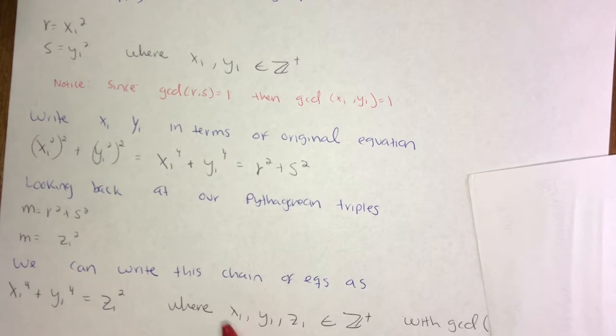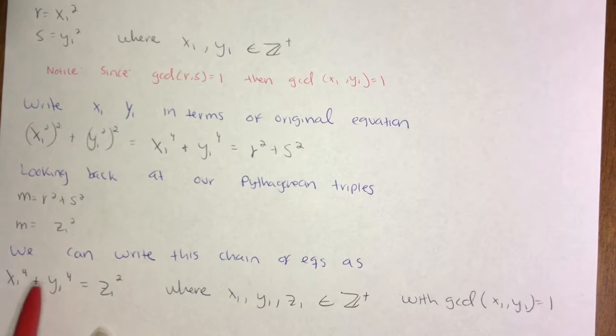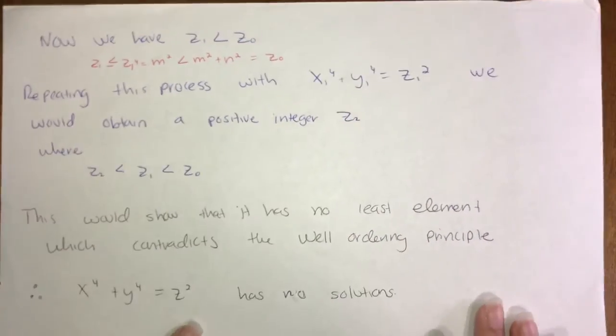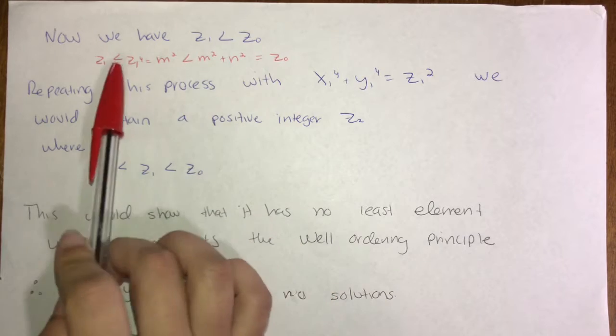We can write this as a chain of equations, and we can write it as x sub 1 to the 4th plus y sub 1 to the 4th is equal to z sub 1 to the 2nd, where x, y, and z are in the set of positive integers, and the GCD of x sub 1 and y sub 1 is equal to 1. Moving on, we can now say we have z sub 1 is less than c sub 0. Why is this?